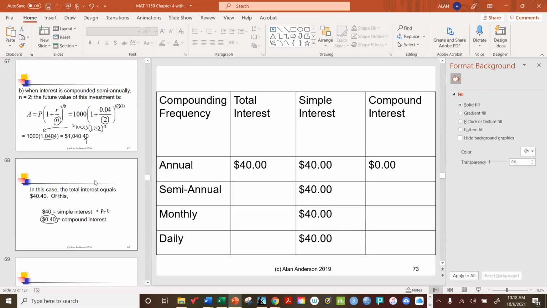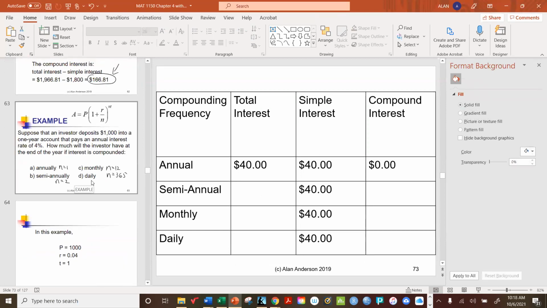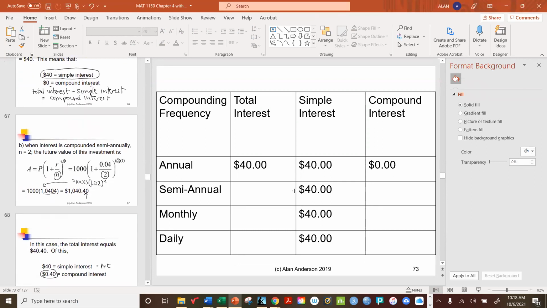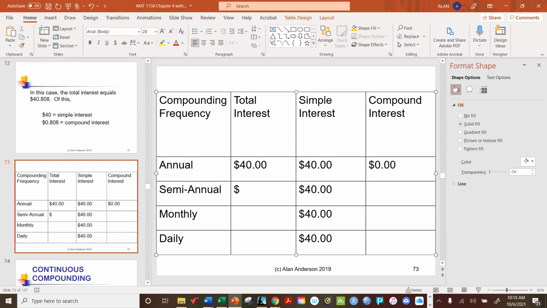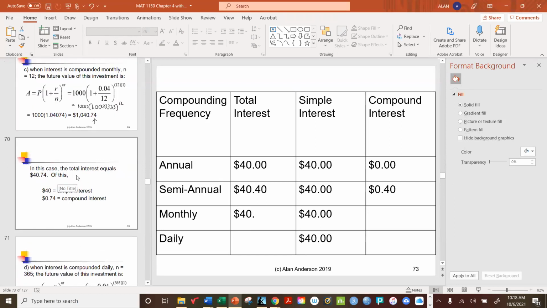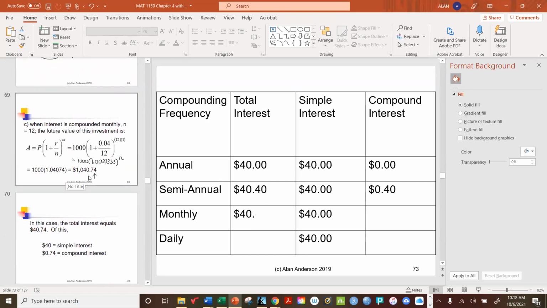All right, so let's go back. With semi-annual, 40, 40, so $40.40. With monthly, this one, I left it at 704. It would actually have been, wait a minute, 74, okay.